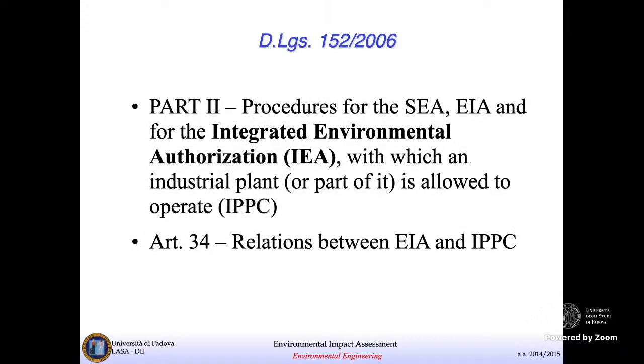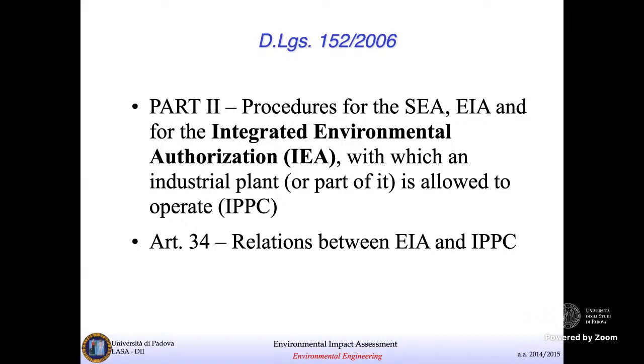In particular, up to date, today, all the information concerning IPPC is contained, as customary, in the framework law on environmental issues in Italy, that is Law 152/2006. In particular, Part 2, procedures for the strategic environmental appraisal, environmental impact assessment, and for the integrated environmental authorization.